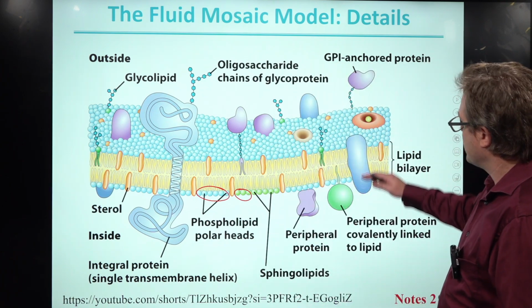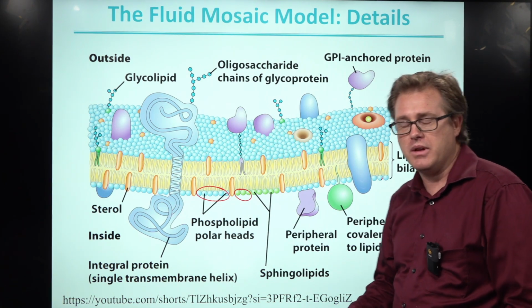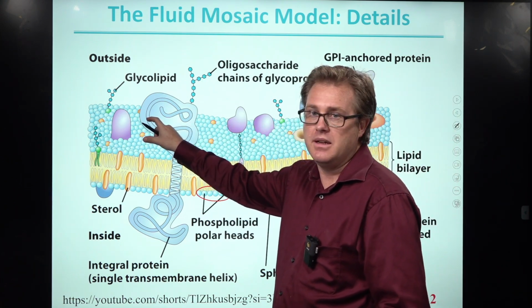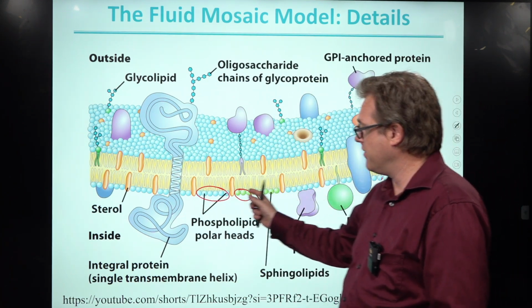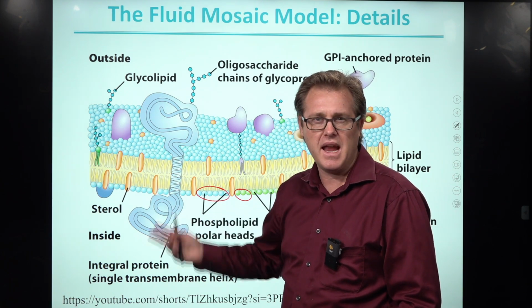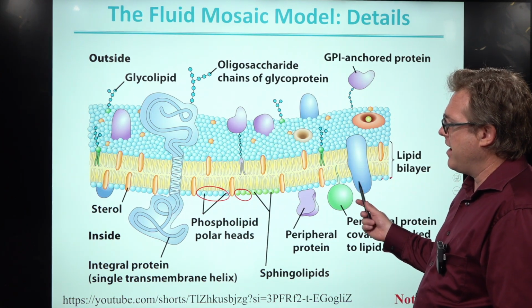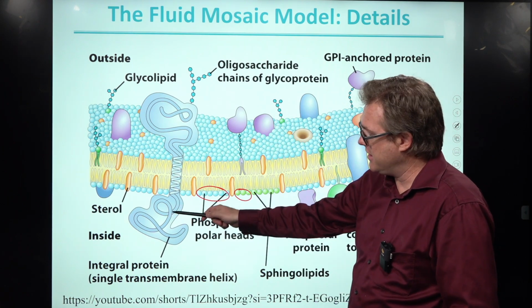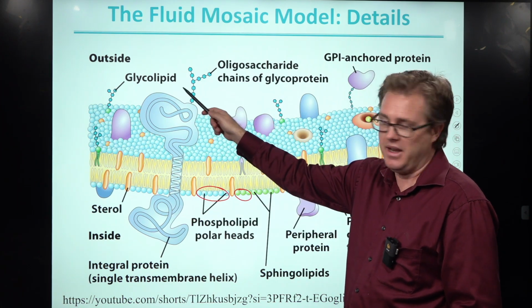And so we also have the top leaflet and the bottom leaflet. And what you're going to realize really soon is that the composition of the top leaflet is oftentimes going to look different than the composition of the bottom leaflet. They're not the same. Within this membrane, we're going to have what's called integral proteins, which span, you have protein on the inside of the cell and part of the protein on the outside of the cell.